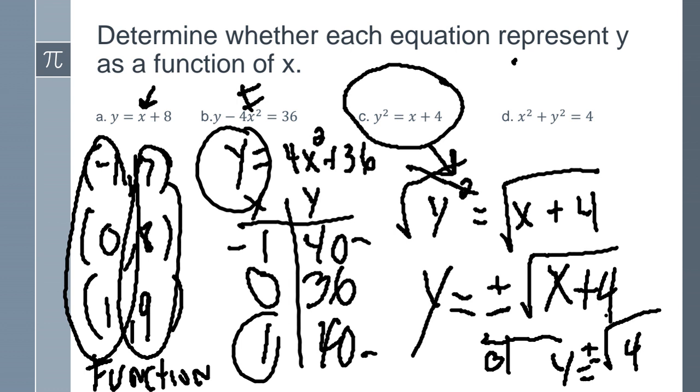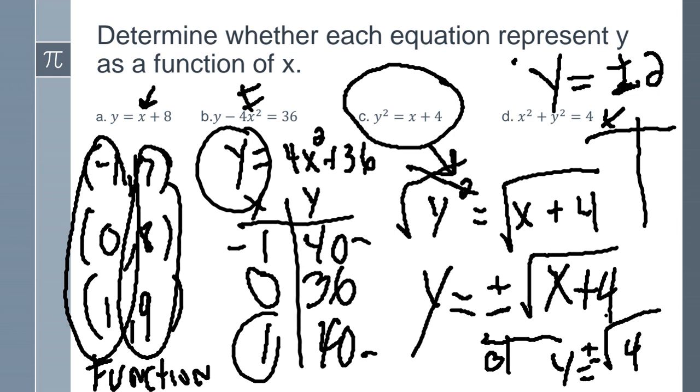So y is going to give us a plus or minus 2. So what does that mean? Well, whenever we chose x to be 0, one answer it gave us was a positive 2, but it also gave us a negative 2. So notice that 0 is giving you two answers here. So therefore, this is not a function.